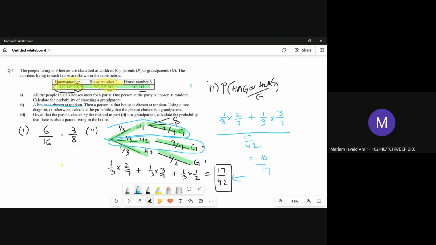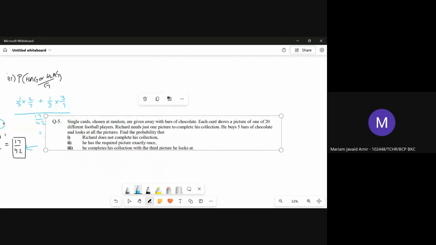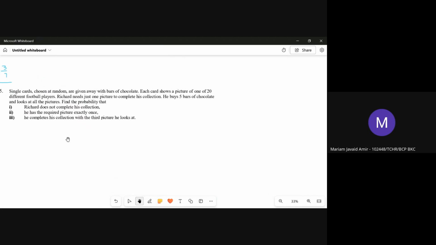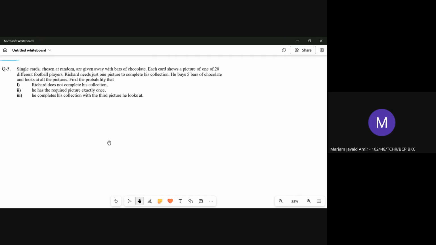Okay, moving on. Question 5. Single cards chosen at random are given away with bars of chocolate.